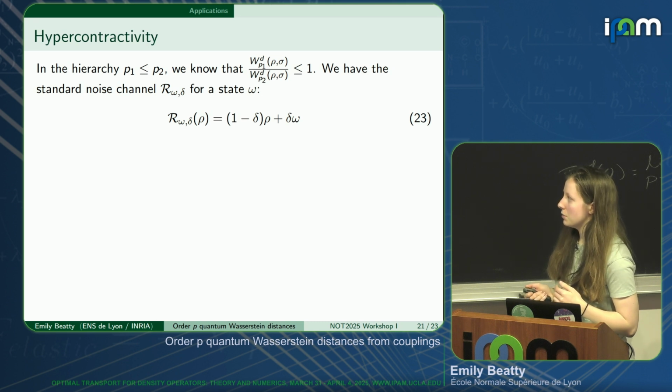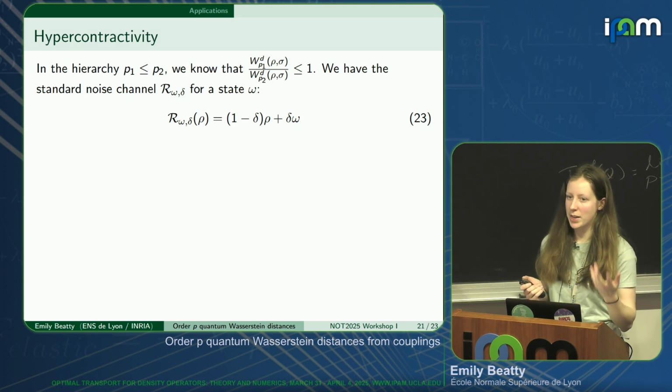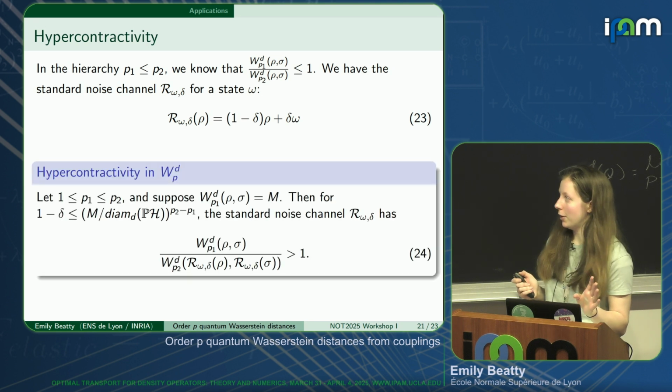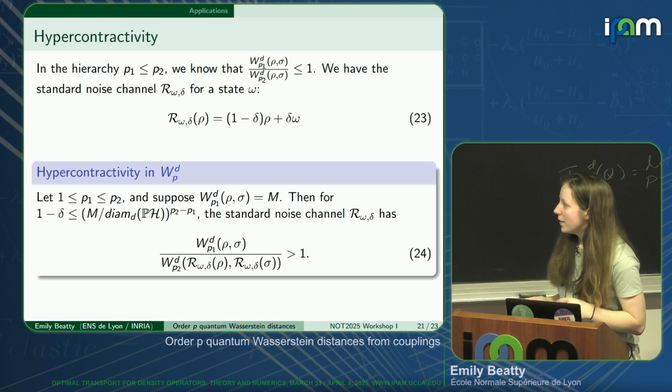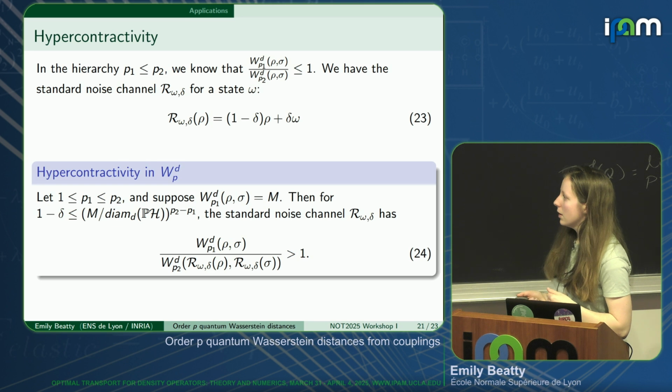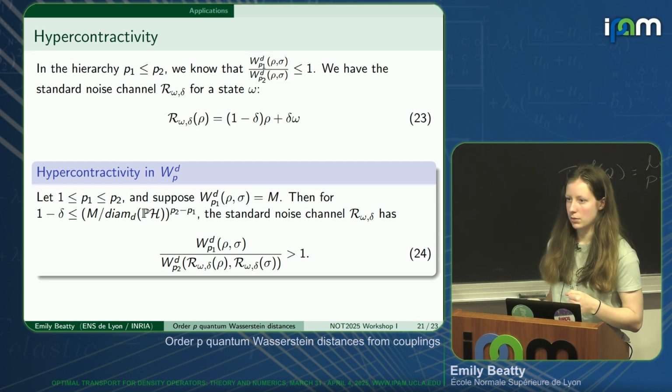Taking the standard noise channel, where with probability delta, you replace your state rho with some omega, typically the maximally mixed state or a pure state, and with probability 1 minus delta, you just leave it alone, we get the exact same thing. For states which are sufficiently far apart, which we've shown happens in the general case thanks to the work on random states, this ratio is generally less than or equal to 1. But if you put the noise on the bottom, this ratio flips.